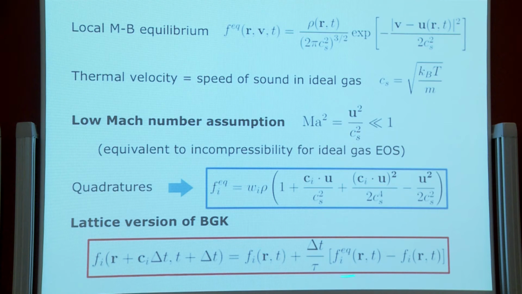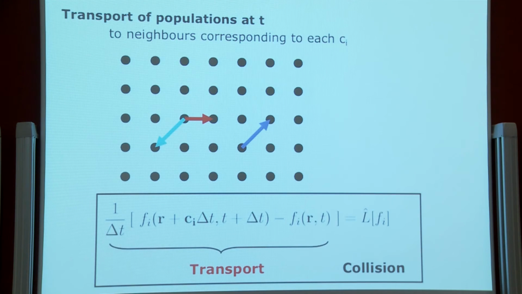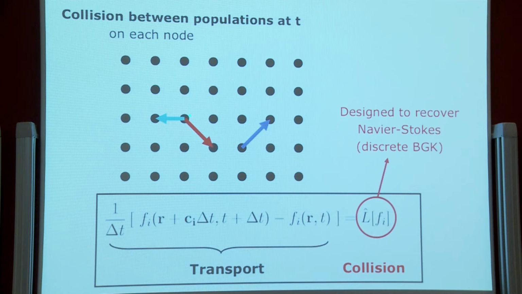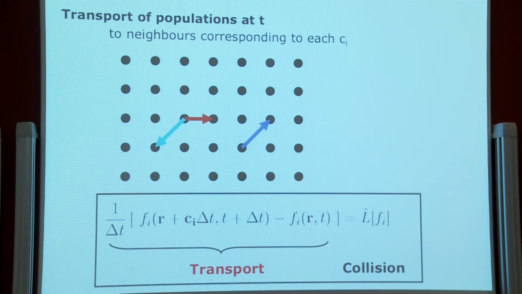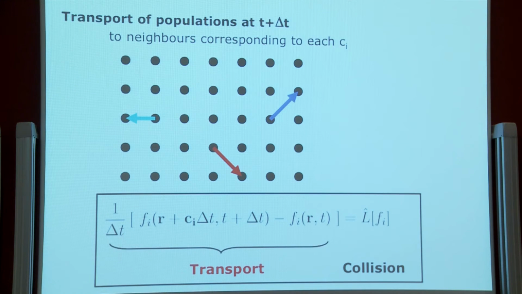And then you simply do this operation to all your populations on a given node. So that will redistribute your velocities. So you had some velocities after transport and before collision, and now you're changing all velocities on a given node. And because you have designed the rules according to the BGK collision operator, what you will end up with is something that reproduces the macroscopic hydrodynamic behavior, so Navier-Stokes on larger scales. And again, you can iterate. So after collision, you do another transport step, and so on.